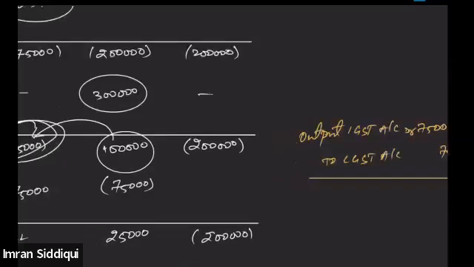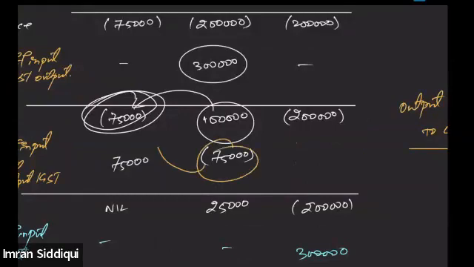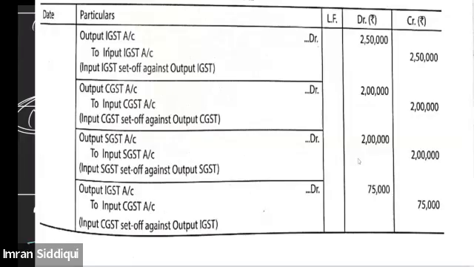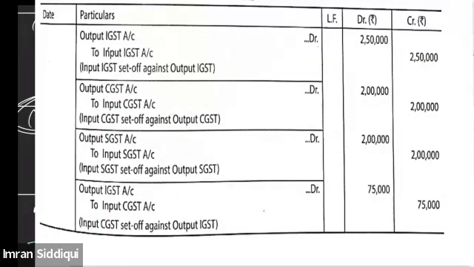This will be the entry for this particular thing that we are doing. Tell me if this is clear, yes or no? Yes, sir. Okay. And rest of the entries are clear to you? Yes, sir. Okay, so this will give you some idea how basically set off is done.